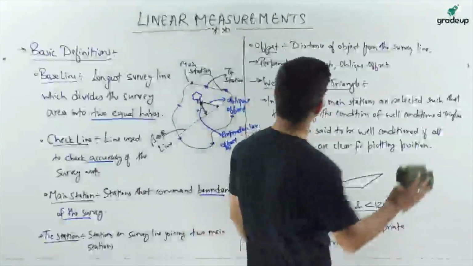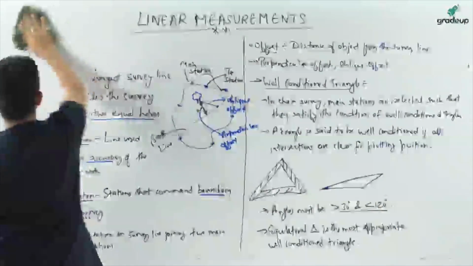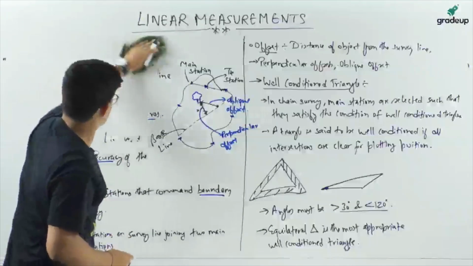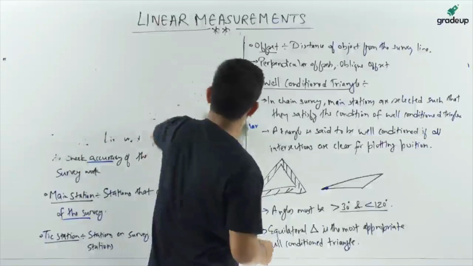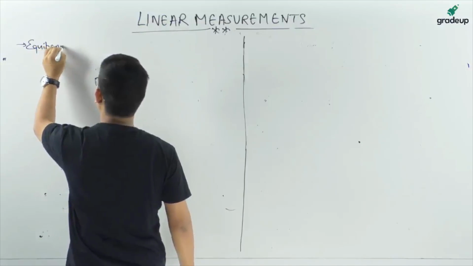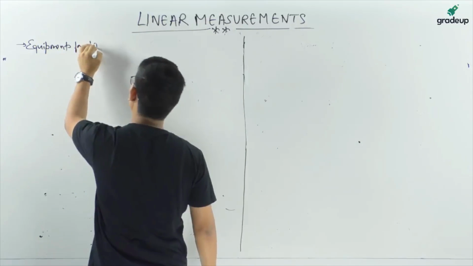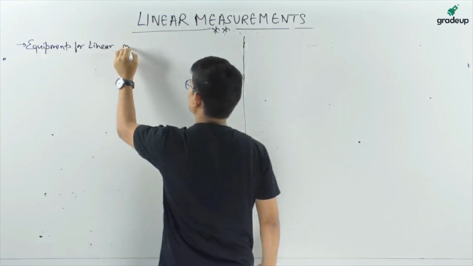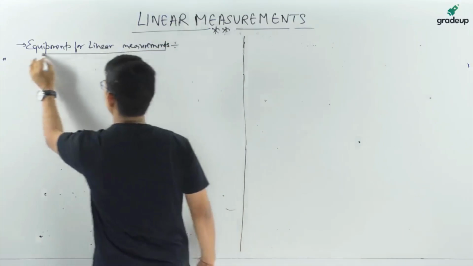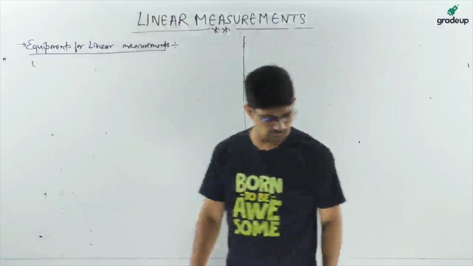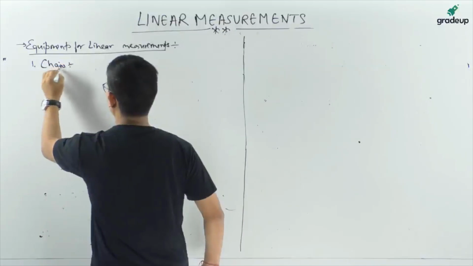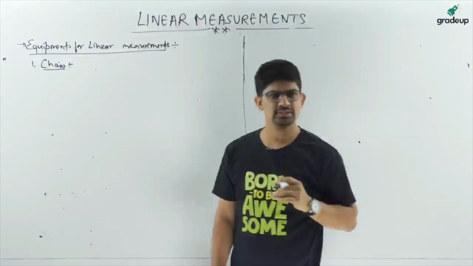All right. Now after this, we'll move to the equipments which are used in linear measurement. First thing is chains.